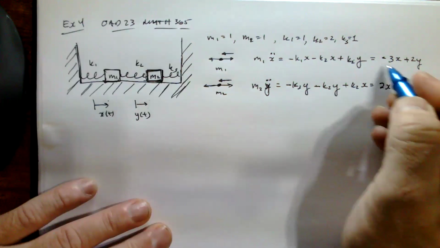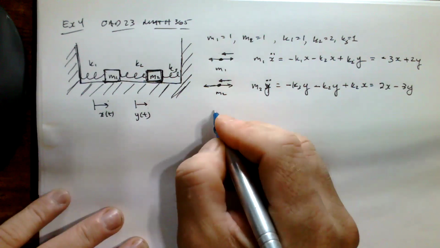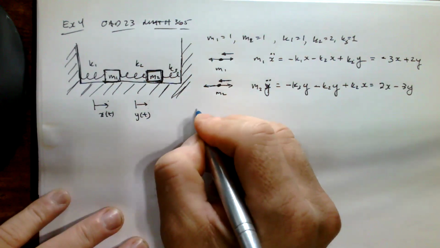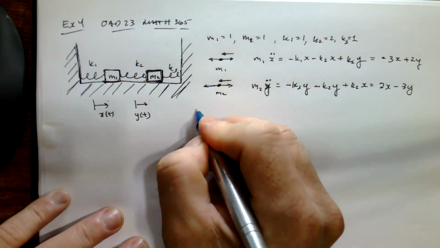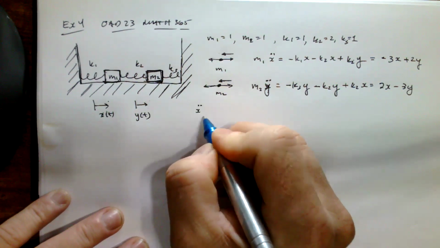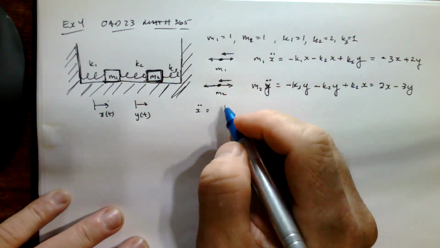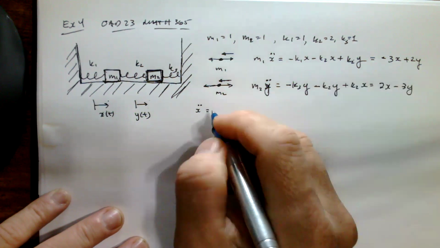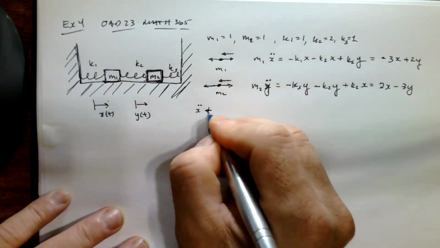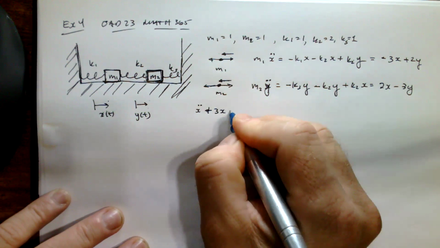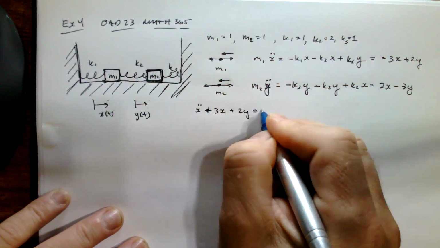So let's go ahead and take these differential equations and create our system. We have x double dot, moving these terms over, plus 3x minus 2y equals 0.